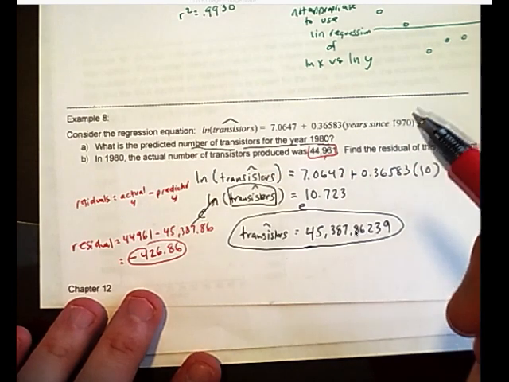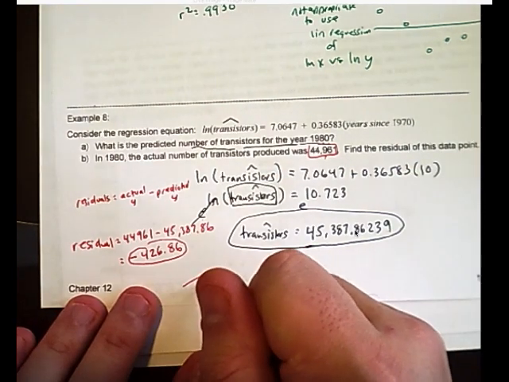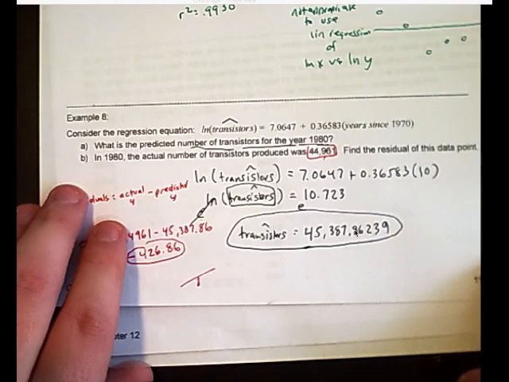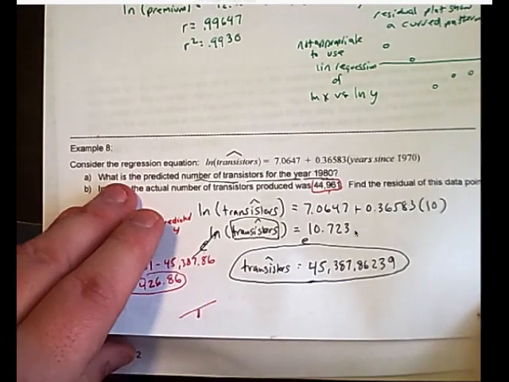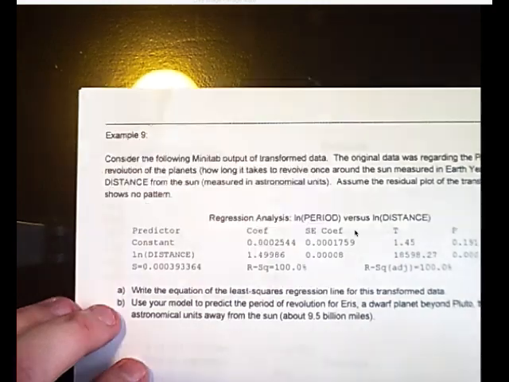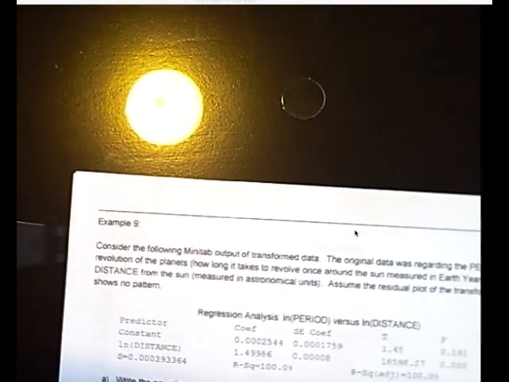All right, so in this particular graph, it would fall below the prediction line. So that's how we do the algebra on it. Going on to example 9 here. We're moving right along.